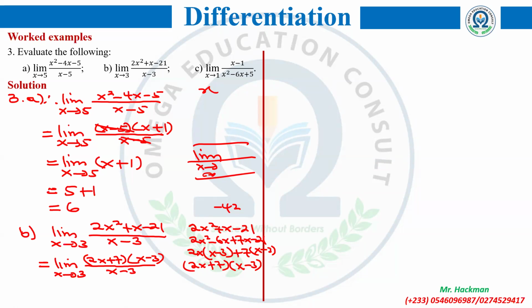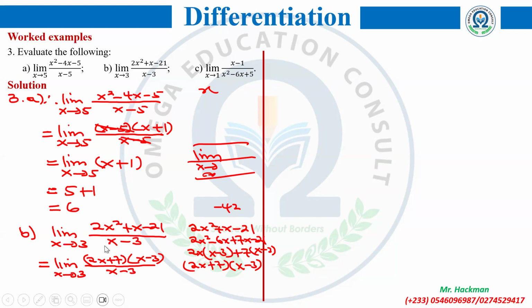Okay, Prof, is it Ernest? I saw a hand up. Sir, it was me. If we don't decide to use a factorization method, whenever we see x, we just put 3. So instead, we do 2 times 3 squared plus 3. No, it can't, because we cannot substitute 3. That's why, for a rational function, we check the denominator first.